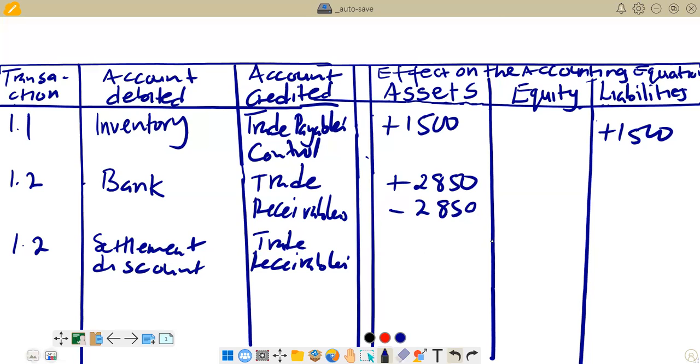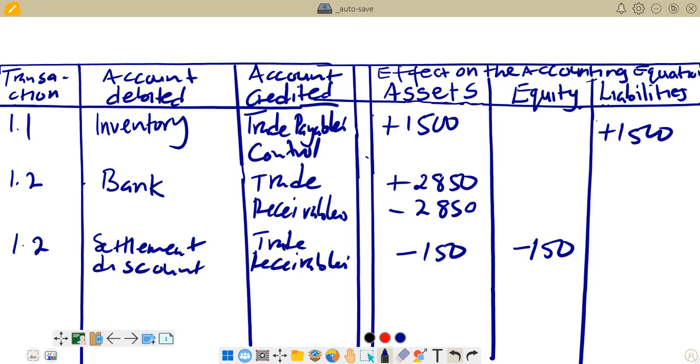At the same time, we are saying it's reducing equity. So you are going to see that equity is going to be reduced here. So you are going to have a negative 150. And then on trade receivables, we are seeing that trade receivables is being credited here, and the trade receivables we are saying is an asset, and whenever I credit assets, it's a negative. So we are going to see also a negative 150 here. So that's what we have on 1.2.